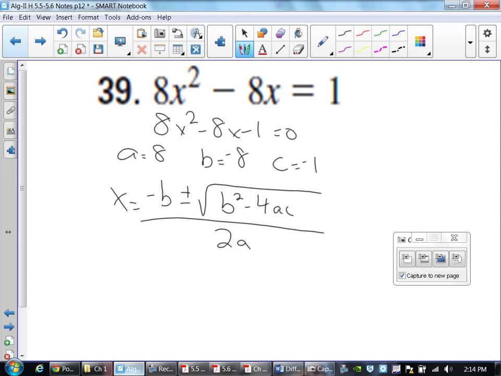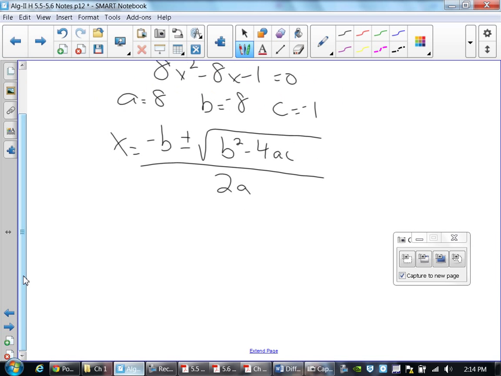Fill in the blanks. When you fill in the blanks, one of the things that I saw students doing earlier today will be opposite of negative 8 is 8 plus or minus square root. I liked what these guys were doing first hour. They were not writing it as negative 8 squared because you know what? You're going to type that in your calculator as negative 8 squared and you're going to get negative 64 and you will get it wrong.